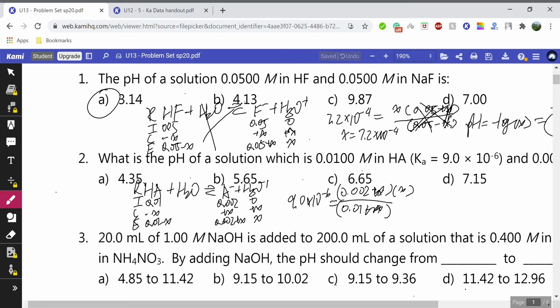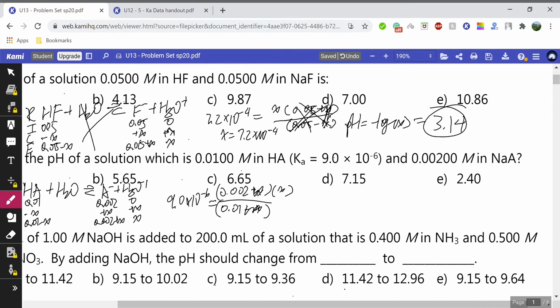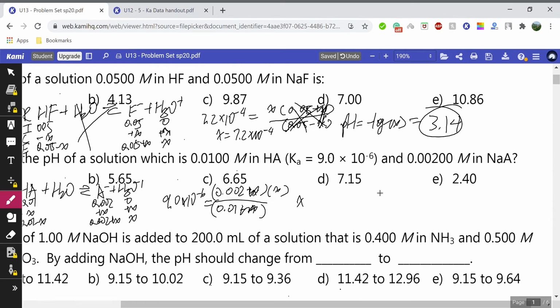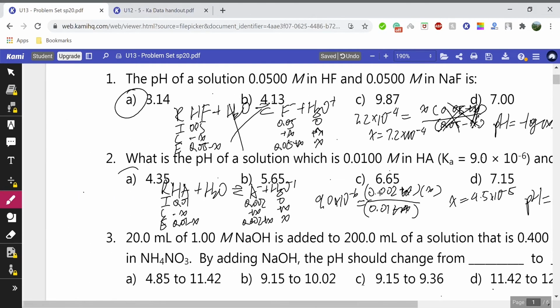So 9.0 e to the negative 6 power times 0.01 divided by 0.002 will give us our x, and that equals 4.5 times 10 to the negative 5th power. This is the concentration of H3O plus, so pH is going to be equal to the negative log of x, which is negative log of 4.5 e to the negative 5th, which is going to be equal to 4.35. So 4.35, that will be our answer choice A.